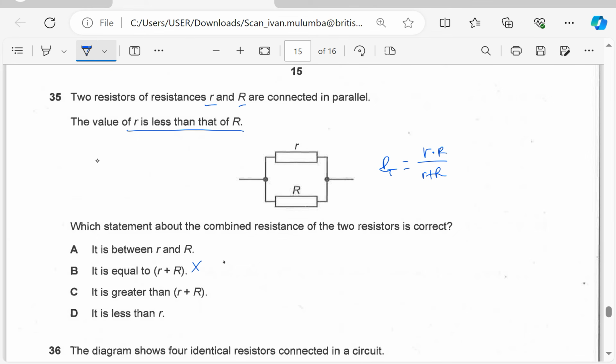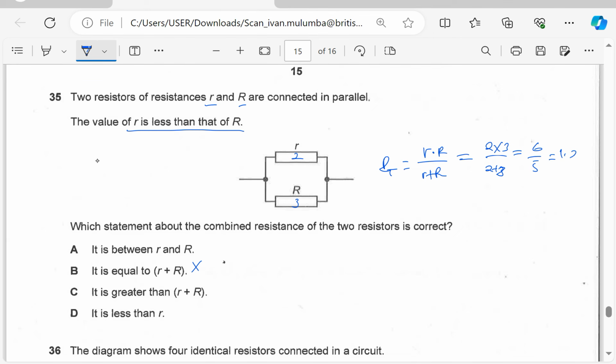It is between r and capital R. Of course, whenever we have resistors in parallel, total resistance is less than the resistance of just one resistor. Let's say this was 2 and this was 3. So what is total resistance? Substituting, this is 2 times 3 over 2 plus 3, which will be equal to 6 over 5.